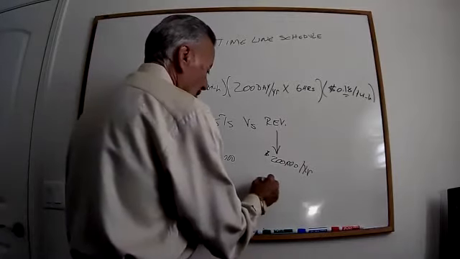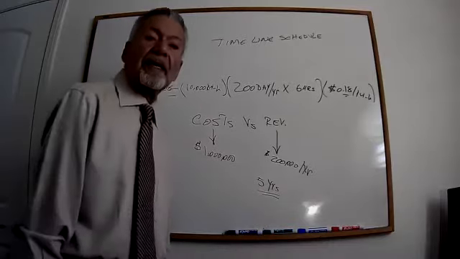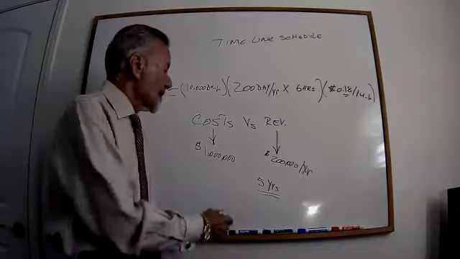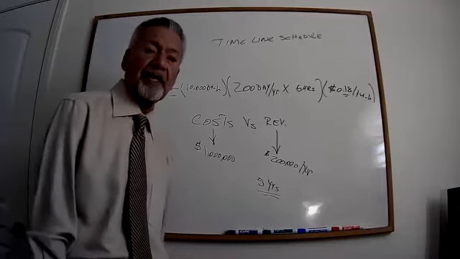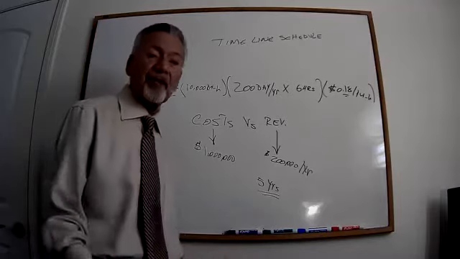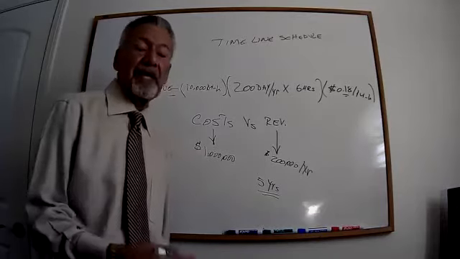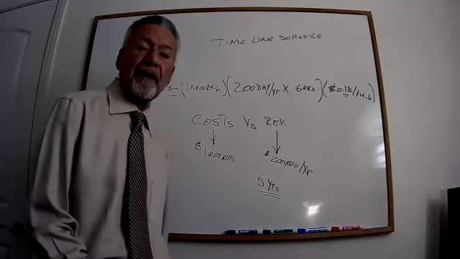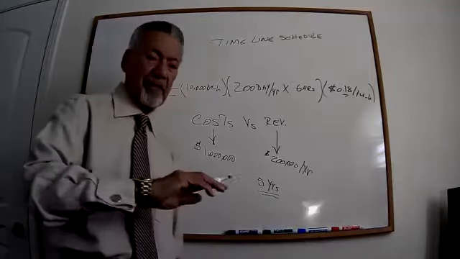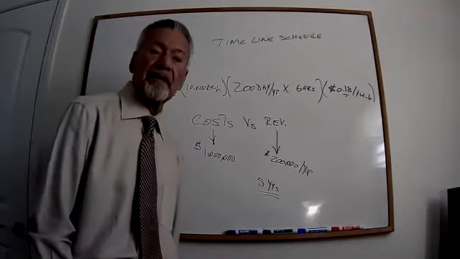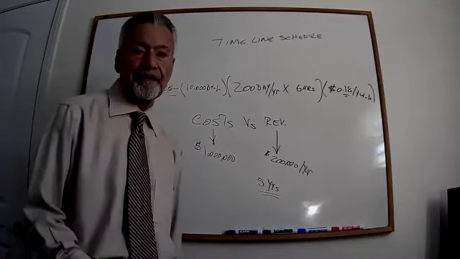I get 5 years. We call that simple payback. That means in 5 years, the revenues will pay for the cost of the project. Now the project lasts 25 years. So from the beginning of the 6th year, you make nothing but profit, $200,000 a year, all the way until 25 years. So that's how you do it.